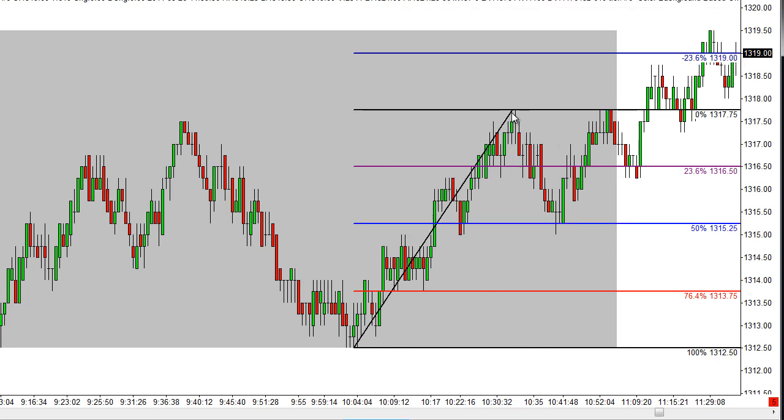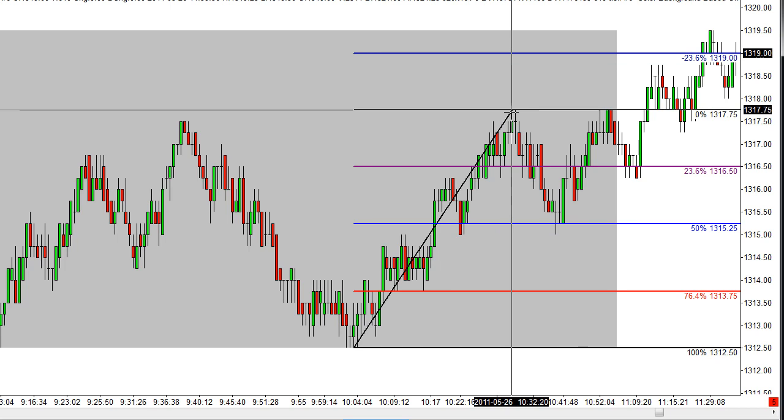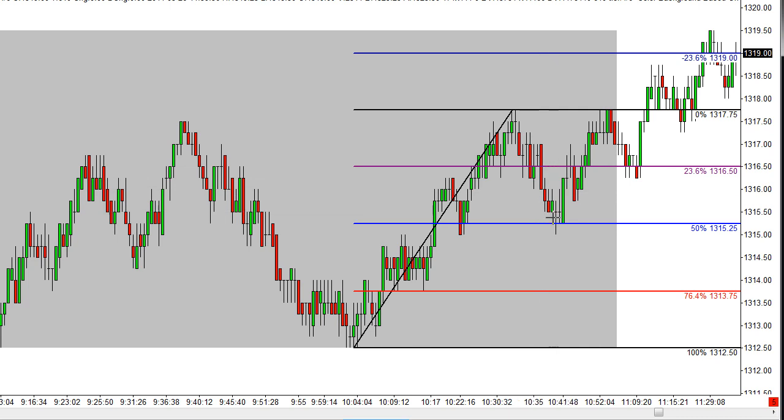I move it again here and check to see if it meets the criteria for rule 1. The distance between the pivots is now 5.25 points, and as you can see, price does retrace to the 50% level. So I would have gotten my entry here, 13.1550. The target would have been reached right here, filled at 13.1650.